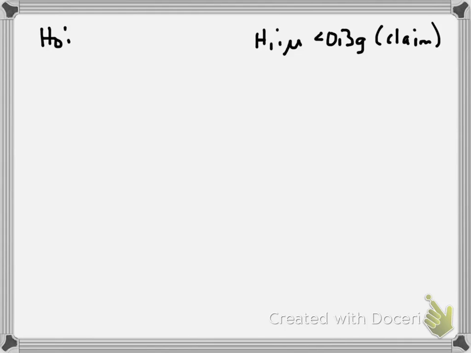So that means that the null hypothesis is the mean is equal to 0.3 grams. Next, we need to find the test statistic. Since we do not know the population standard deviation, we will need to find t.